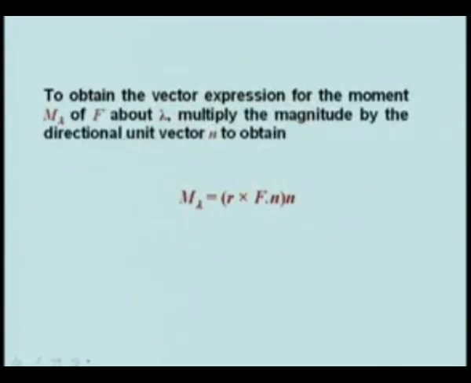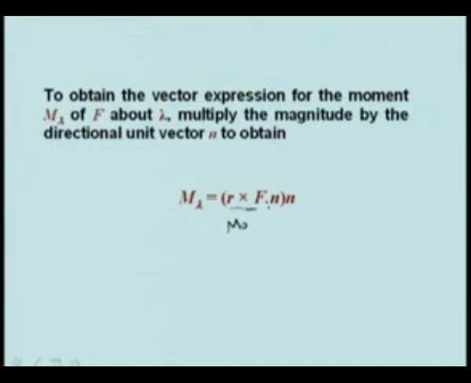Now, to obtain the vector expression for the moment M lambda about A, multiply the magnitude by the directional unit vector n, to obtain M lambda is equal to r cross F. r cross F is a vector, that is basically m0.